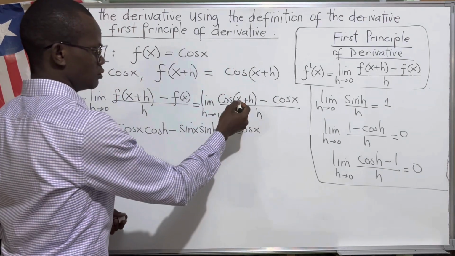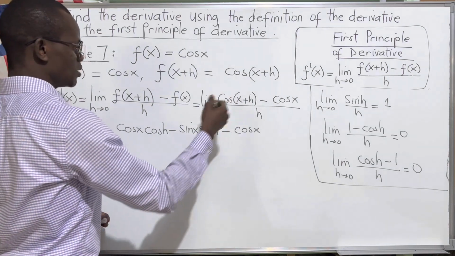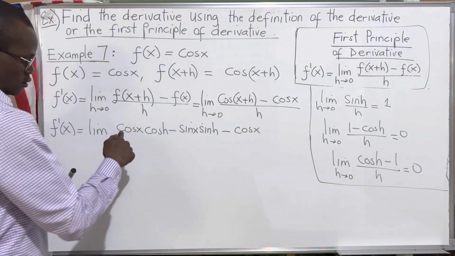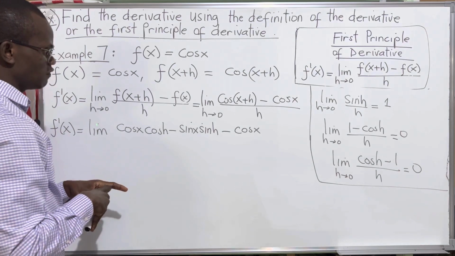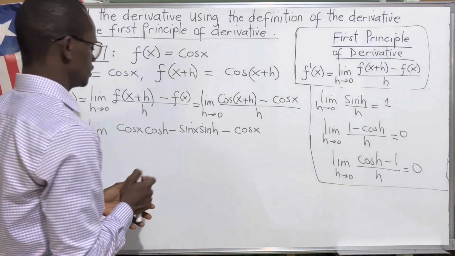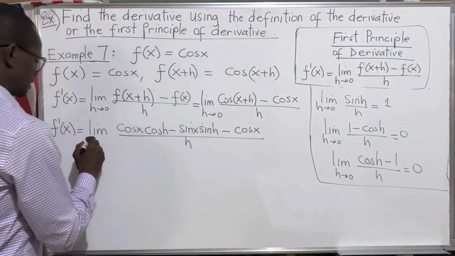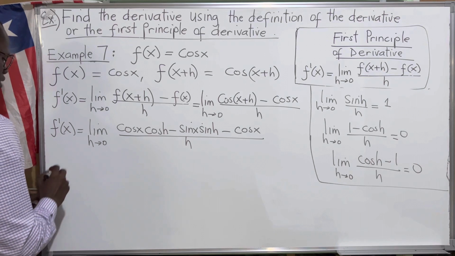Now mind you, these variables x and h are dummy variables, so it can be a plus b, it can be x plus y, but this is the expansion. If it was x plus y, it means this will be x, this will be y, and that's it. All divided by h as h is approaching 0.